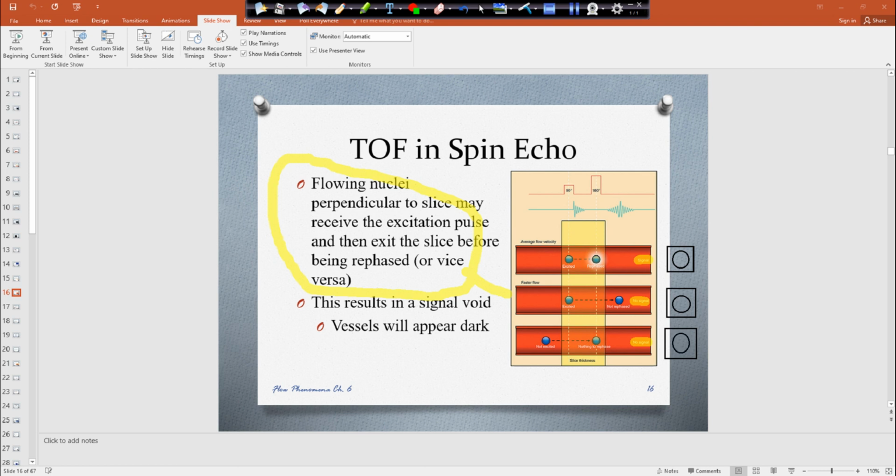This is our voxel around that vessel. So in this scenario, we get signal. So what's this vessel going to look like? Bright or dark? Right. Bright. And then here, no signal, so it's going to be dark. And then the third scenario is going to be dark again.